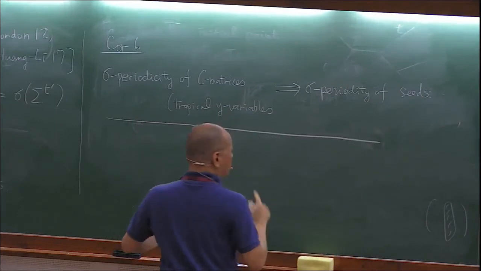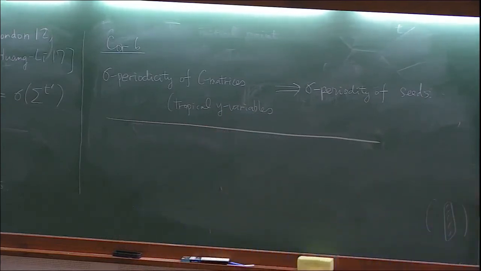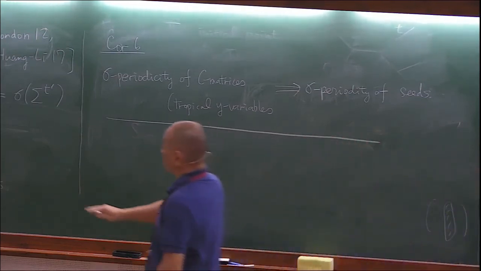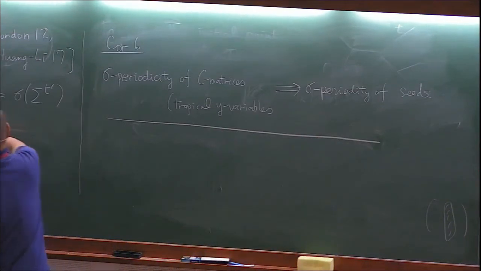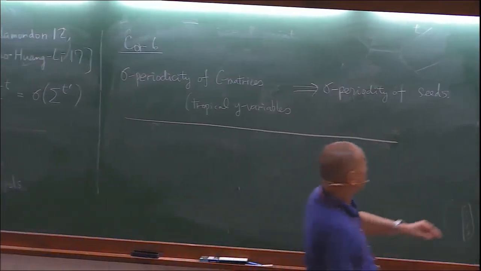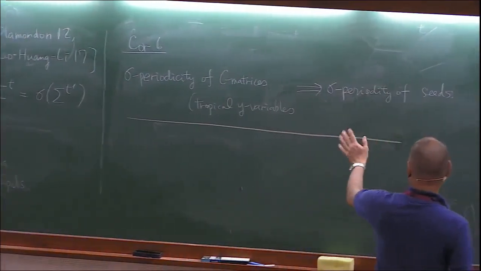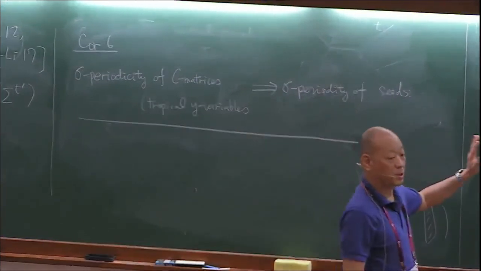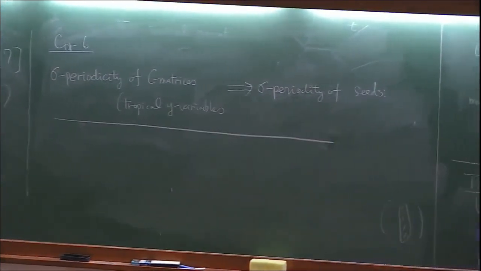And in particular, if you are especially interested in X variable periodicity or Y variable periodicity, still everything is reduced to the problem of this C-matrix transformation, and I already erased it. I'm very sorry about this, but it's just a very simple linear system.